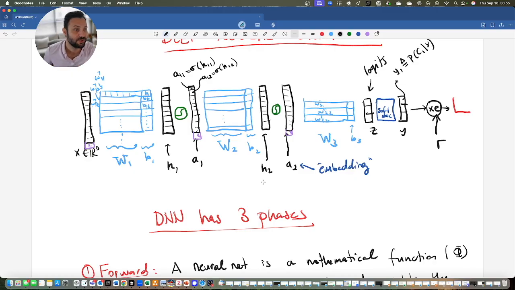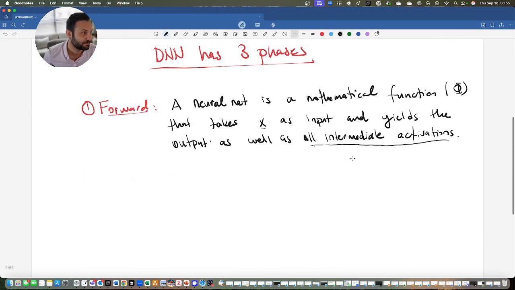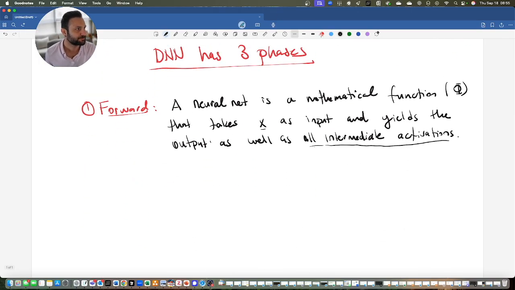So you can input your text, which is going to be represented as input vectors, which we'll call tokens in advanced courses like NLP, and then it gives you some embedding, either A2 or H2 or the one that's before the classification layer, typically called the embedding. So that's our forward mode.